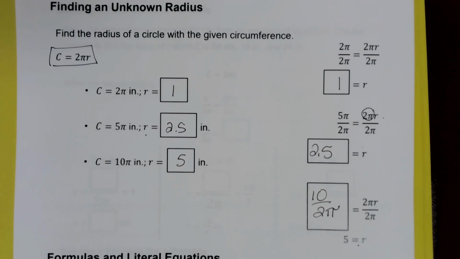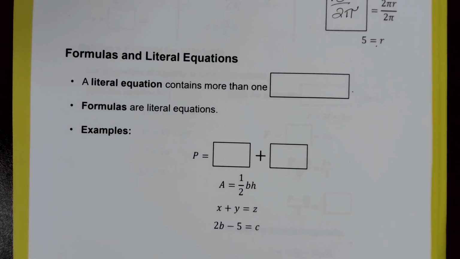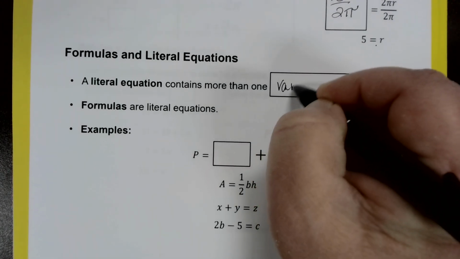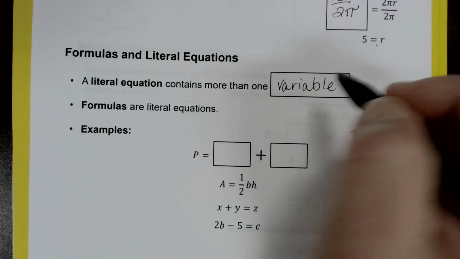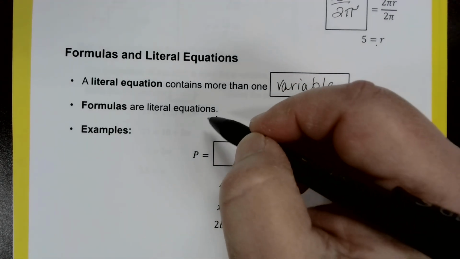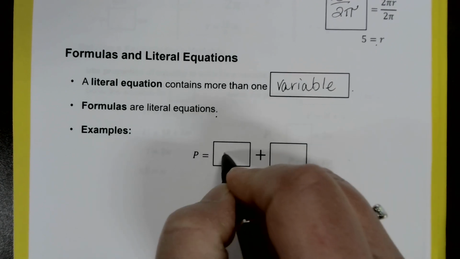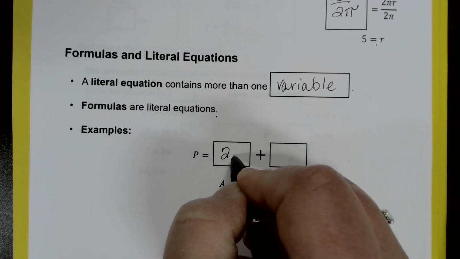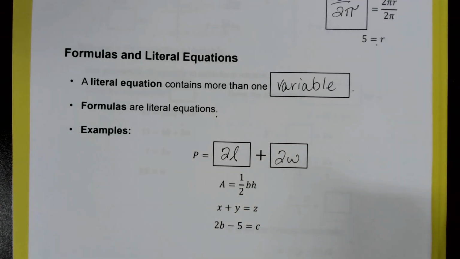That's one example. So when we talk about a literal equation, it contains more than one variable, and all formulas are literal equations. For example, the perimeter of a rectangle is 2 lengths plus 2 widths.